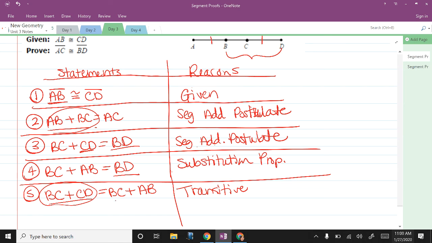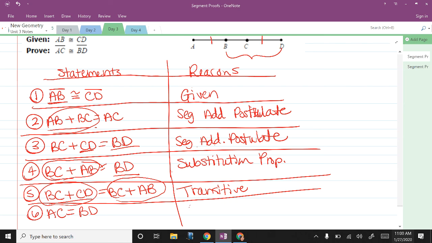And you see how this equals this. Y'all see that? So if that equals AC, then now I can say AC equals BD. And that was substitution. Oh, Lord. This is a crazy proof.